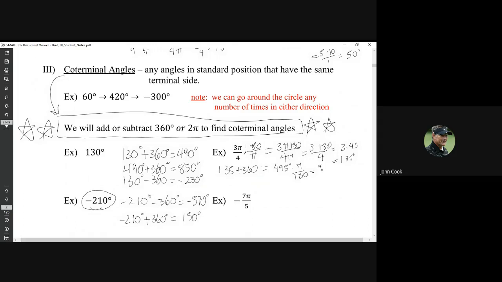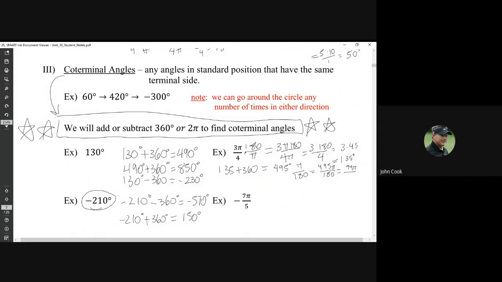So 495 pi over 180, and I know that both of those are divisible by 5. So the top number, 495 divided by 5, it's just under 500, so 99.